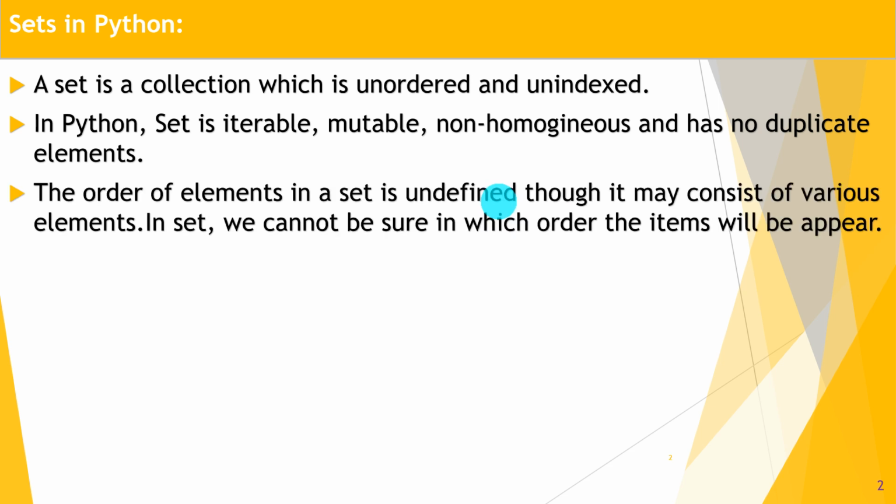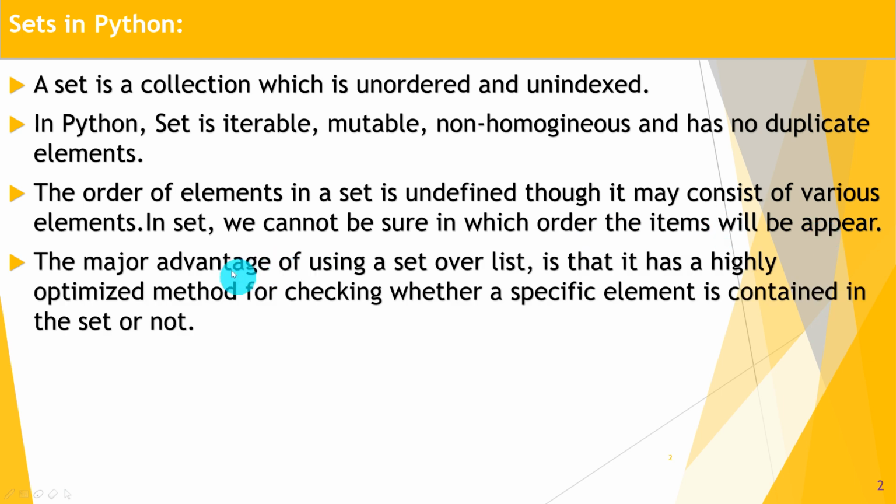Okay, so the order of elements in a set is undefined, though it may consist of various elements. That means in the sets elements are not ordered and do not have indexes. In a set we cannot be sure in which order the items will appear.